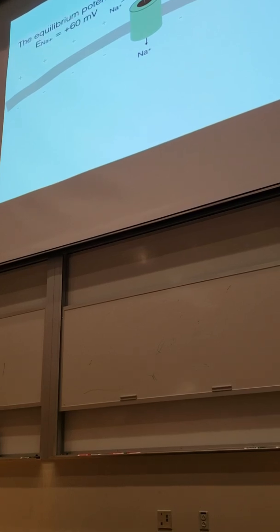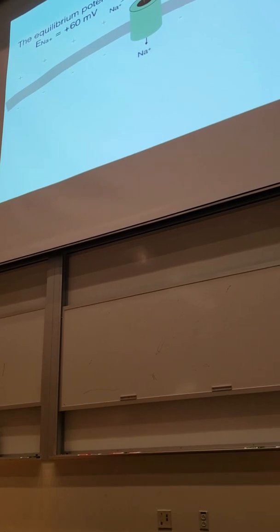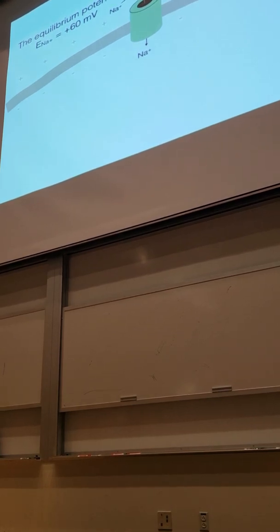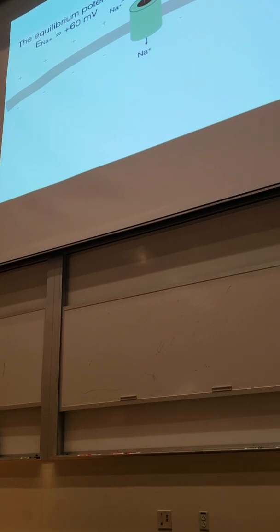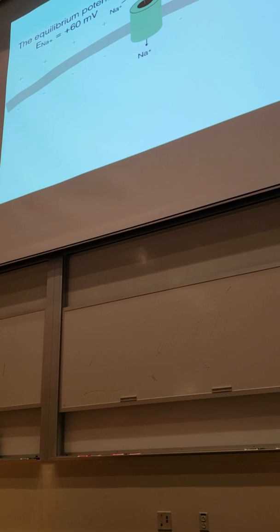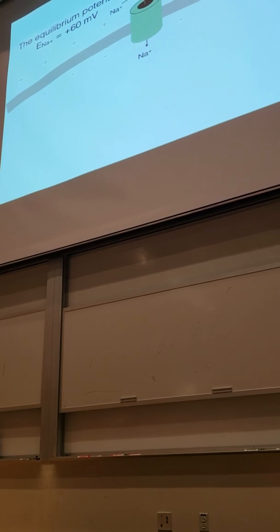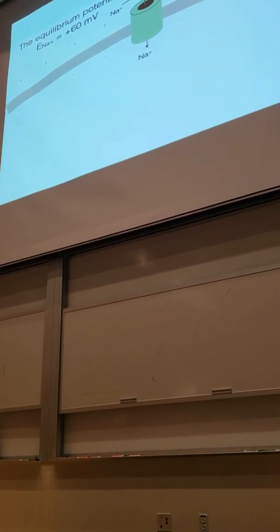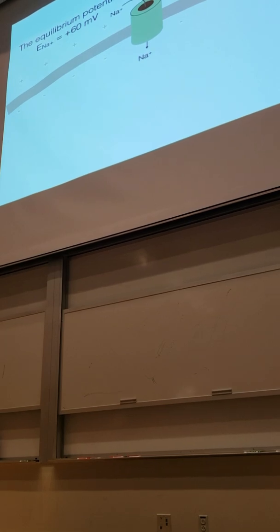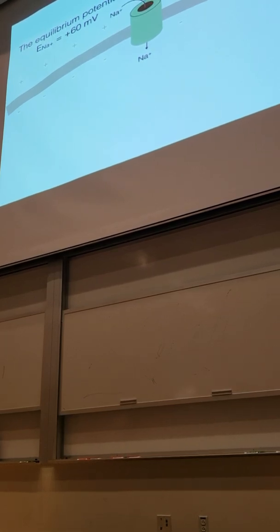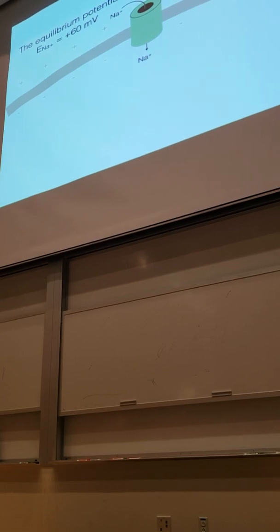We have another channel that is permeable to sodium, but it's not always permeable to sodium. This is what we might call a gated channel, that it can open, but most of the time it's closed. So knowing that we have an equilibrium potential of plus 60 for sodium, we know that when we open this channel, sodium will try to move through the cell membrane until it gets to plus 60.